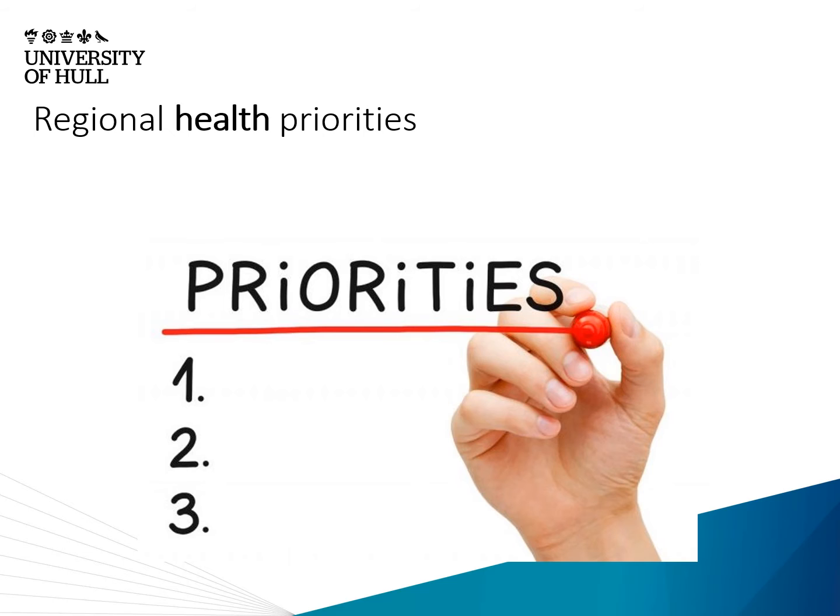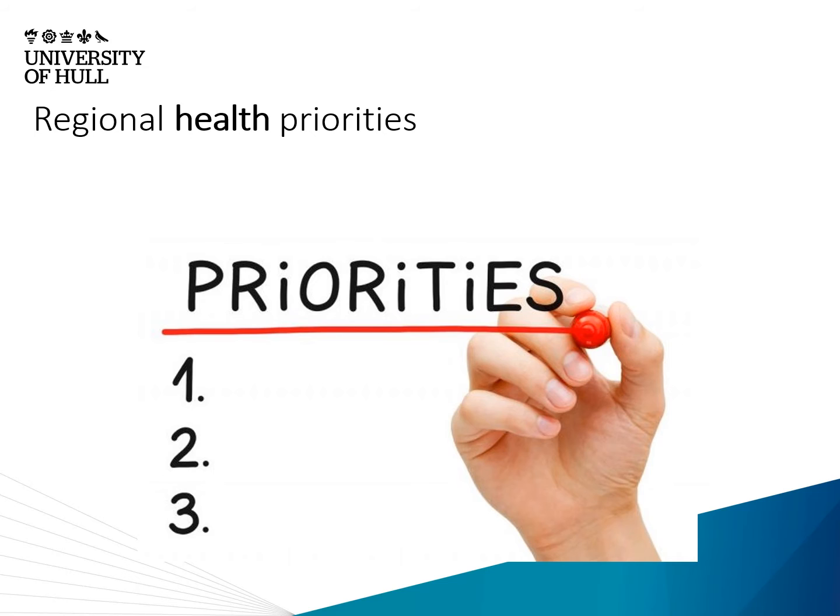So what I want to talk about first of all are the regional health priorities, and these were done simply at the meetings that were held in different regions by asking people to more or less derive their own process and to convey to the conveners of these from GAPFON what those priorities were.